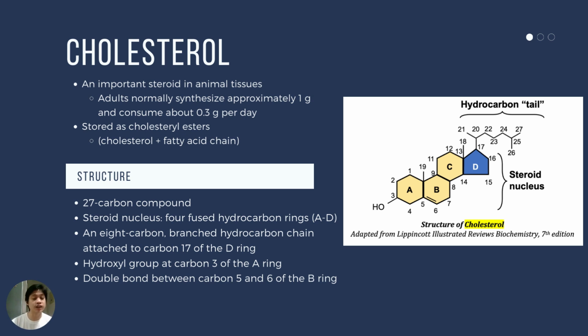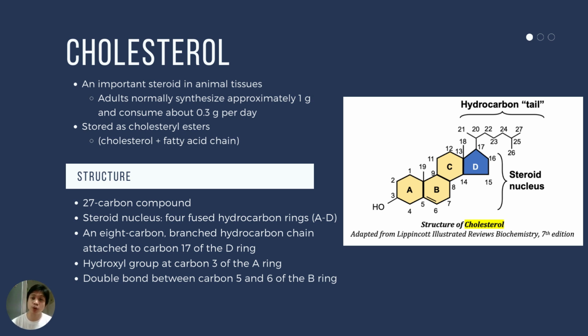Let's take a closer look at the structure of cholesterol. It's a 27 carbon compound, as you can see in the image on the right, and it has a steroid nucleus, which is composed of 4 fused hydrocarbon rings labeled A to D, with letter D, shaded in blue, composed of a cyclopentane. It has an 8-carbon side chain attached to carbon number 17 of the D ring.